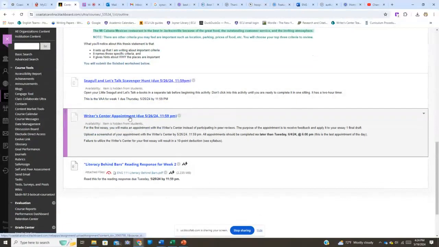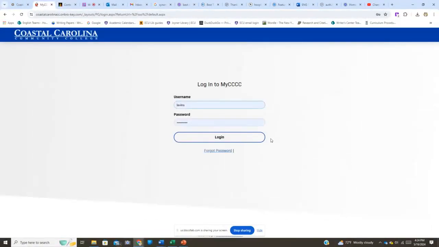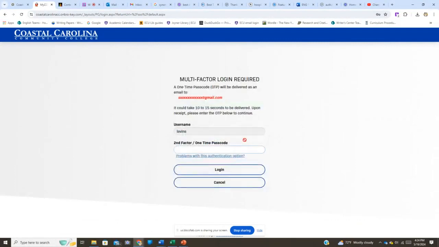Then for this one, this is easy. All you're going to do is a screenshot of the actual Writer Center appointment. So you're going to go to the Writer Center.